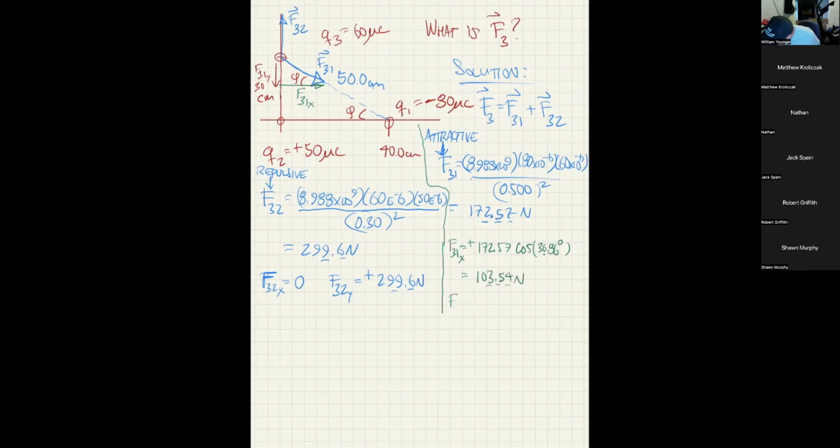And then F31 y is, in this case, negative, so it's 172.57 with a negative sign in front of it times the sine of 36.86, which, like you said, in this case is going to be 0.6. So you get negative, in this case, 138.06.